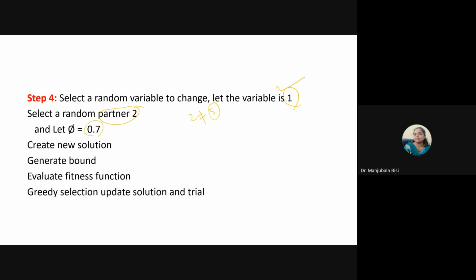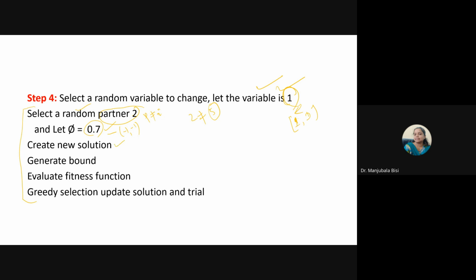These are all your random values only, right? But in that range, you have to select. This value should be -1 to 1. Partner should not be equal to the solution which you want to change. And this value should be between 1 to the number of dimensions present in the problem, right?